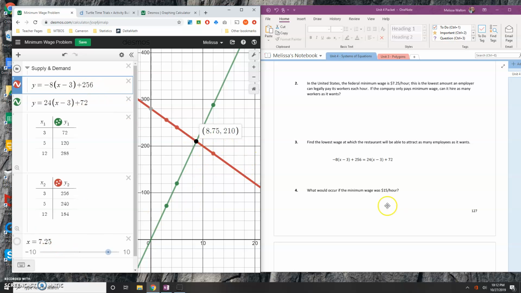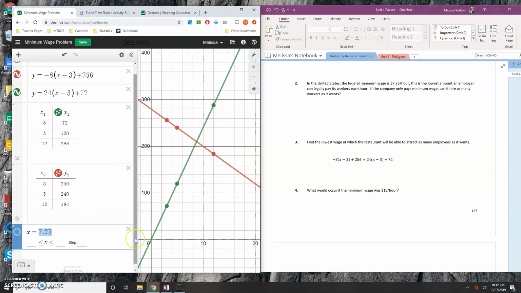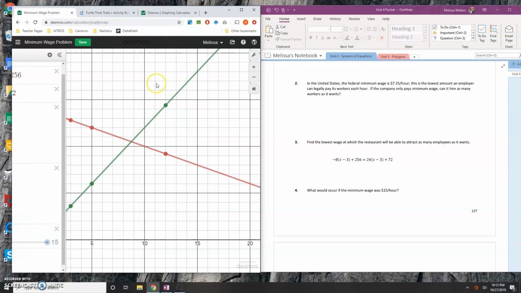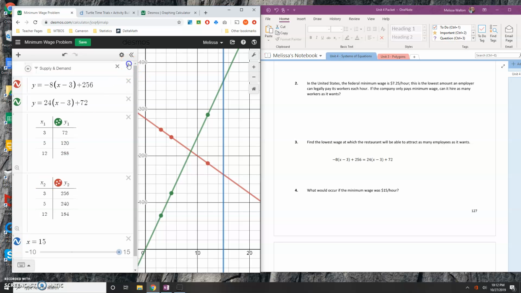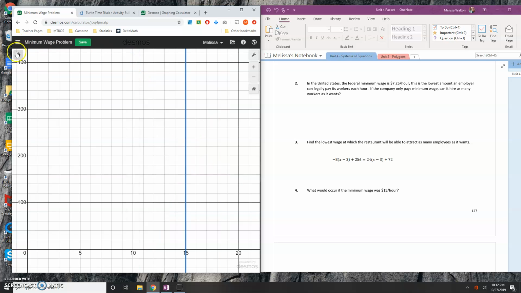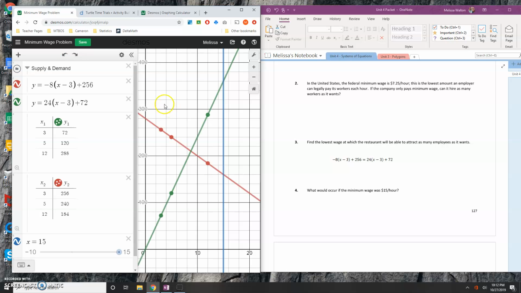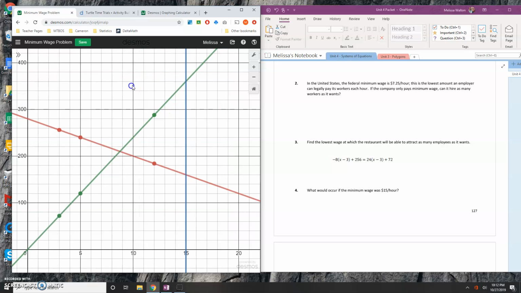Now the last number that we wanted to discuss was $15 an hour. What happens if we were to raise this up to $15 an hour? Well, at $15 an hour, there are 360 people that would want to apply for that job, but the company would only want to hire 160.